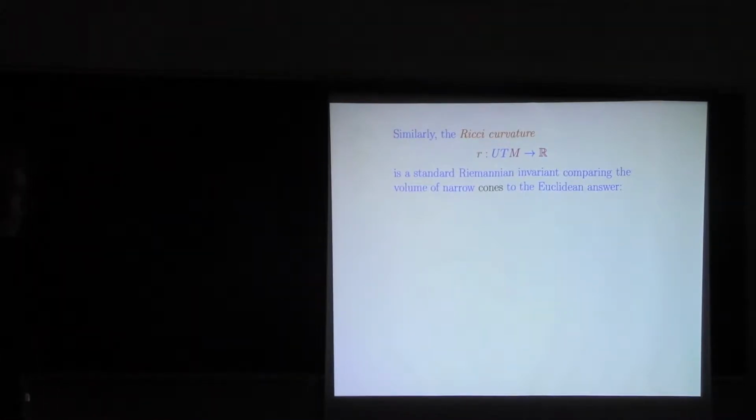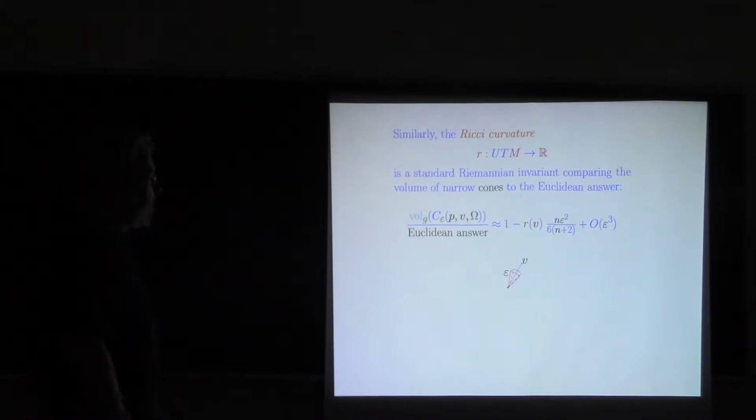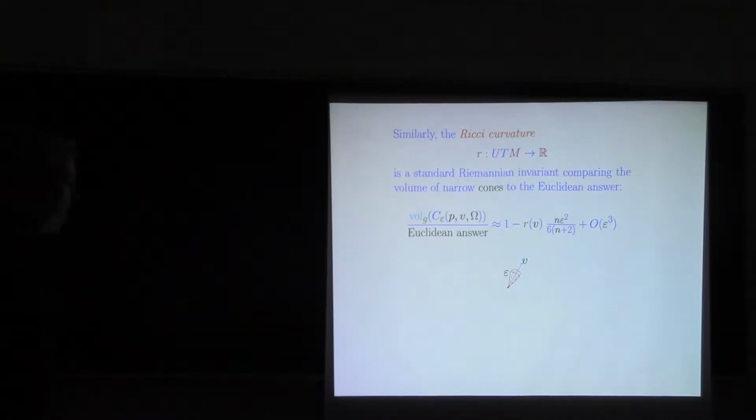And instead of looking at the volumes of a small ball, you look at the volume of a narrow cone. So take a little cone in the tangent space, spray it out by the exponential map, and truncate the cone at distance epsilon away. How does the volume of the cone in the manifold compare with the Euclidean answer?